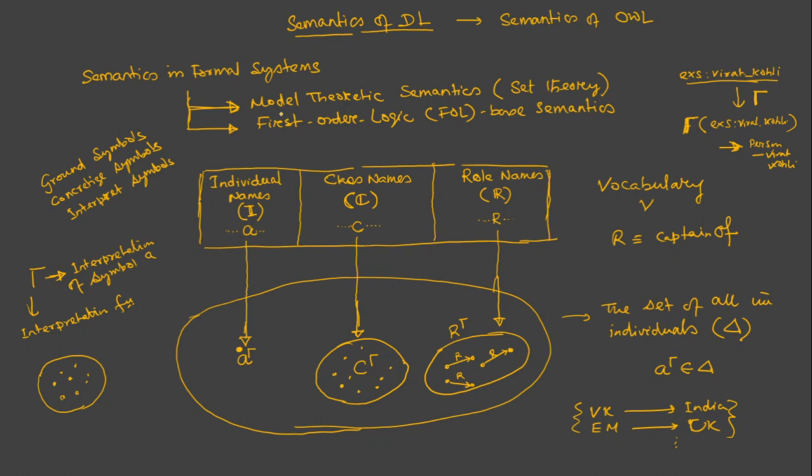So you can see that we have one function, which is the function gamma, the interpretation function that maps different entities or elements in the ontology to their corresponding grounded form. In the ontology we have got only symbols, right? Either an individual or a class or a role name. Now, by using a set, we are trying to make these symbols grounded or concrete.